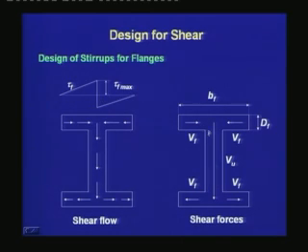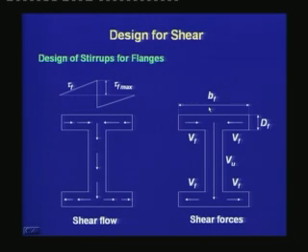The shear force can be calculated by the area of the shear stress diagram. Vf is the shear force acting in the flange, Vu is the vertical shear which is acting in the section, and we shall calculate Vf from the variation of the shear stress in the flange.